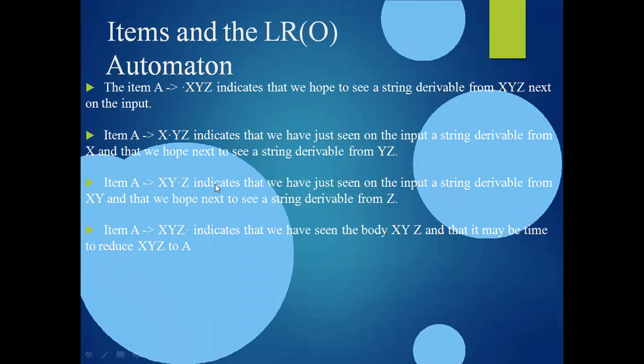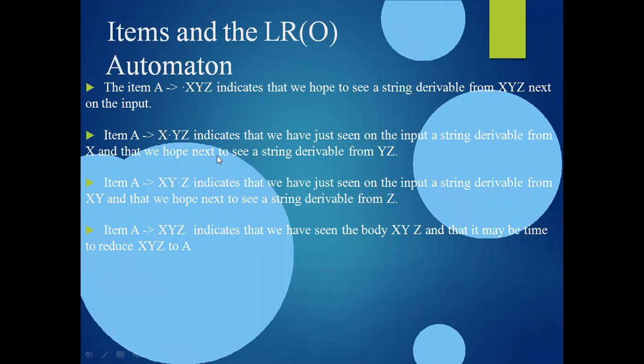And now it is Y dot Z. That means here I compute a goto function with an item comma Y. When I compute the goto function with item comma Y, the dot before the Y should move forward.